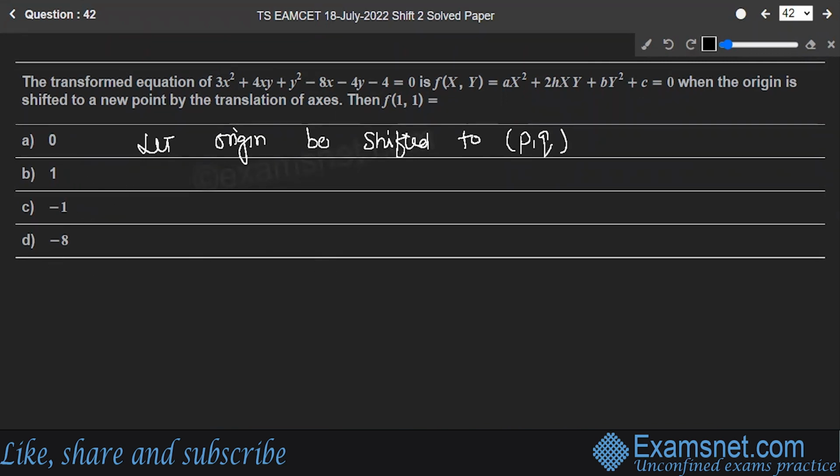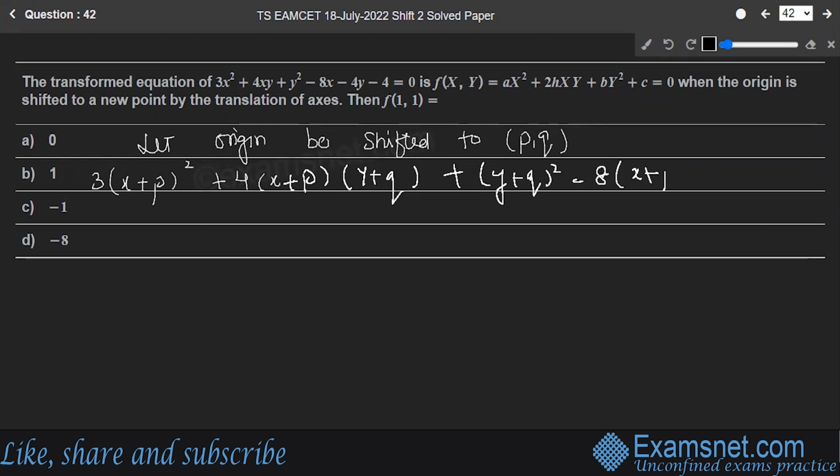Then this equation will be 3(x plus p) square plus 4(x plus p) into (y plus q) plus (y plus q) square minus 8 into (x plus p) minus 4 into (y plus q) minus 4 is equal to 0.